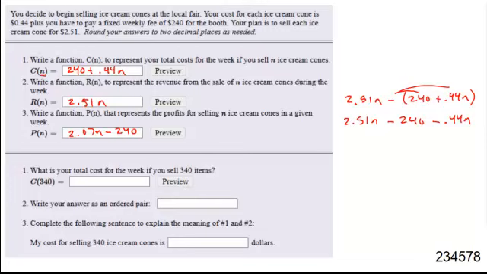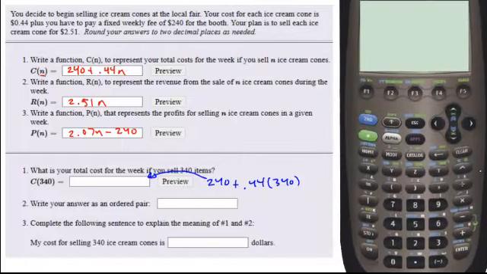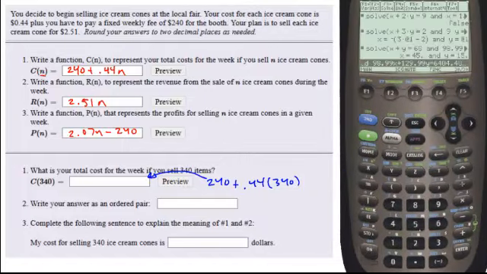Okay, so if you wanted to find the cost for 340 of them, you would come up to this formula, 240 plus 0.44 times 340. Again, you can enter calculations into your answer field. So I could enter this as my solution. Right? If I wanted to solve for this, I could also manually calculate.